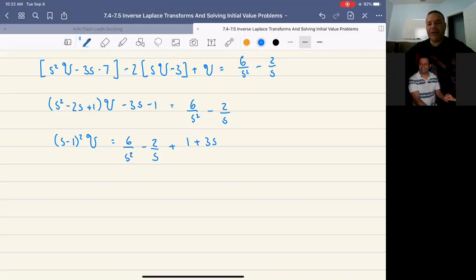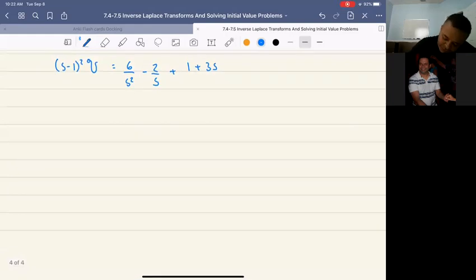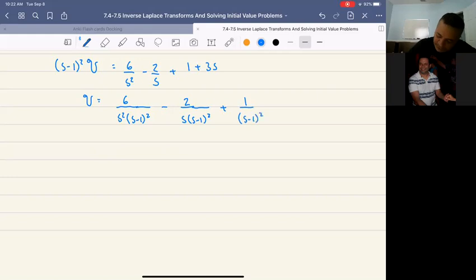Now I'm going to go ahead and divide by that s minus 1 squared. So u equals 6 over s squared, s minus 1 squared, minus 2 over s minus 1 squared, plus 1 over s minus 1 squared, plus 3s over s minus 1 squared.